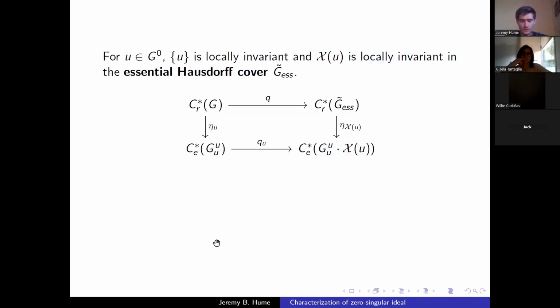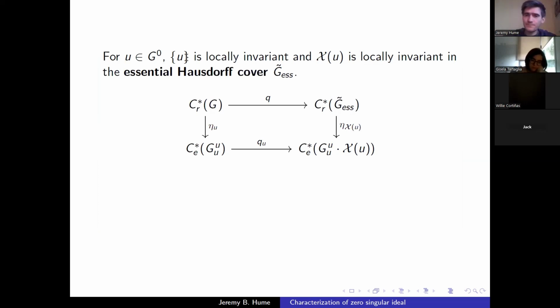The reason I mention all this about compressible maps is that it does the calculation for us of the isotropy fibers. As I said, if you have a unit, the singleton associated to that unit is always a locally invariant set.